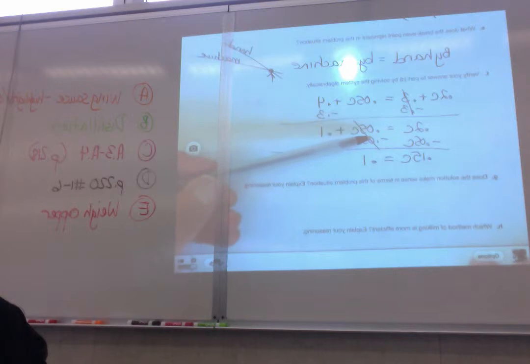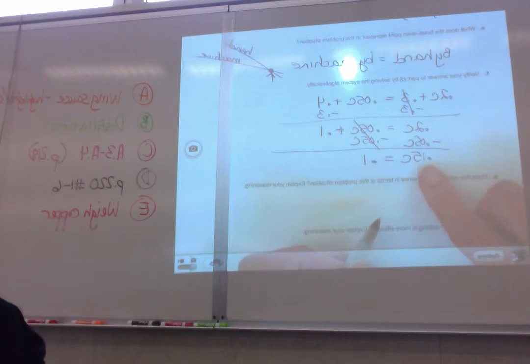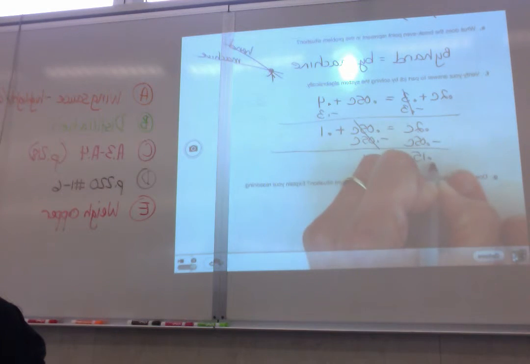This one's positive, this one's negative, so I subtract the negative from the positive. Now I have a number in front of my C. How do I get rid of that number? It looks ugly, but we have a calculator. Divide by 0.15.